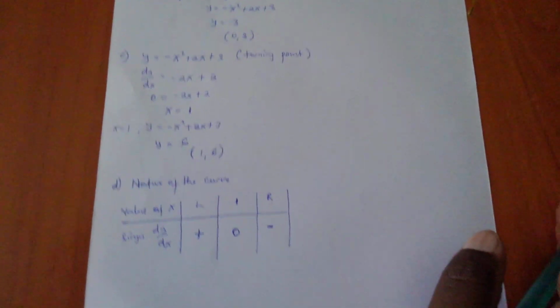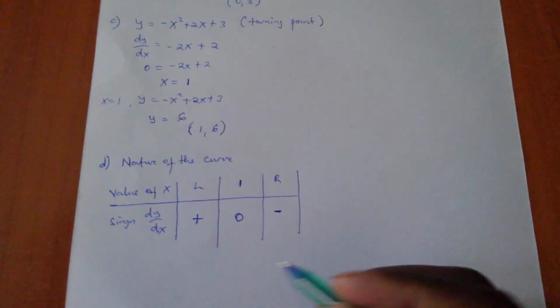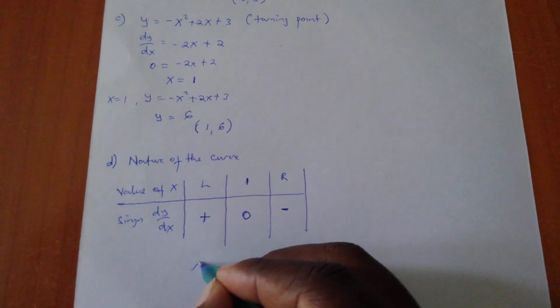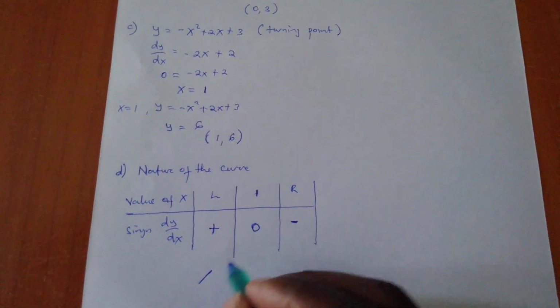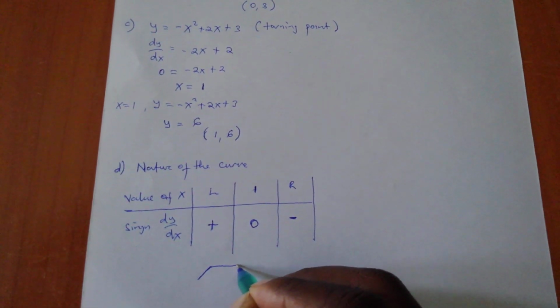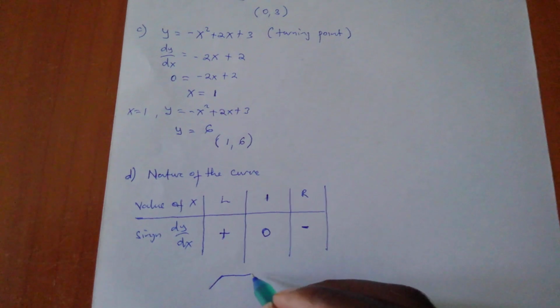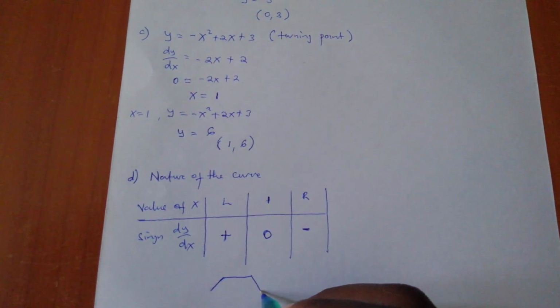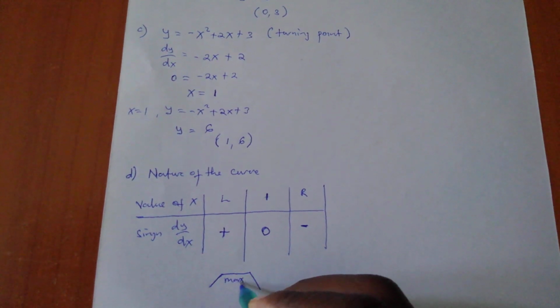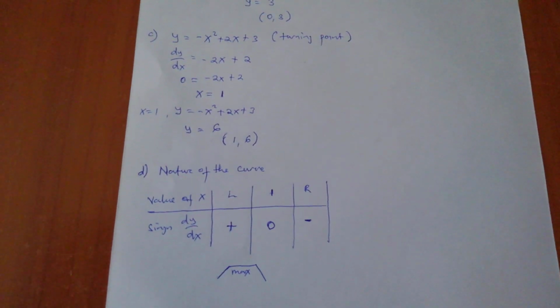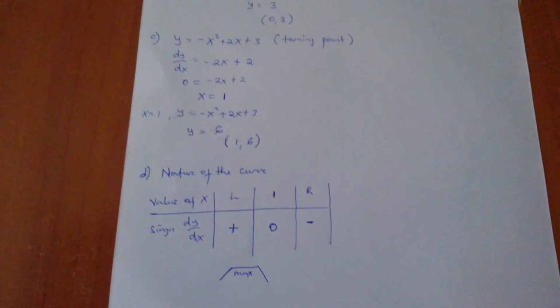So for the nature of the curve, since this one is positive, it means the slope is going up, a positive slope. The 0 means something like this, and then the negative means it is sloping down. So in here I have something like a maximum. I hope you are following.